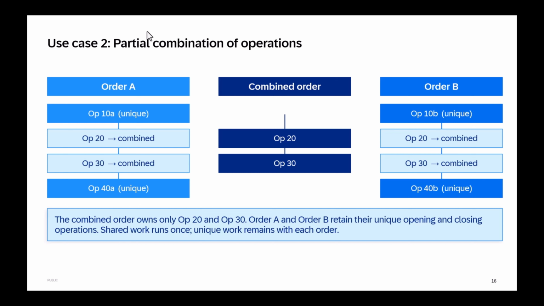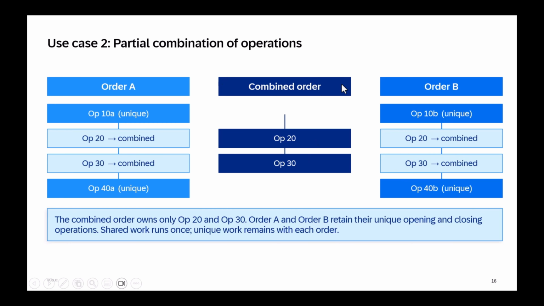Let's move into our second use case of partial combination of operations. Here in my example, we have a production order A again, and also production order B. And let's say we can combine operation 20 and 30 from both.